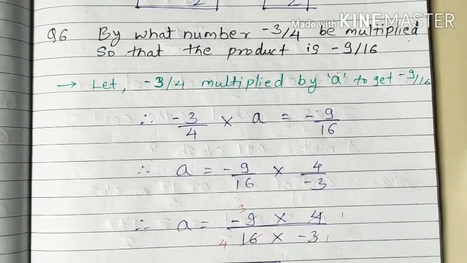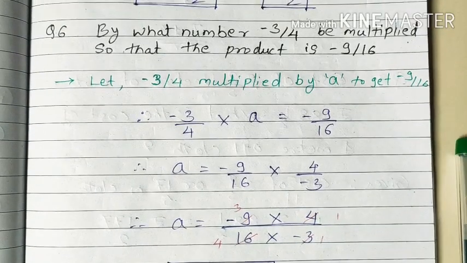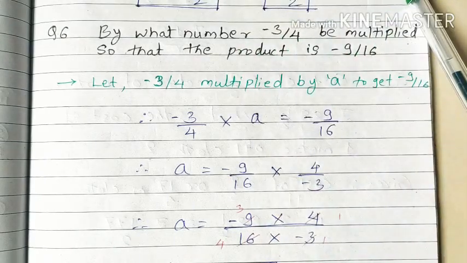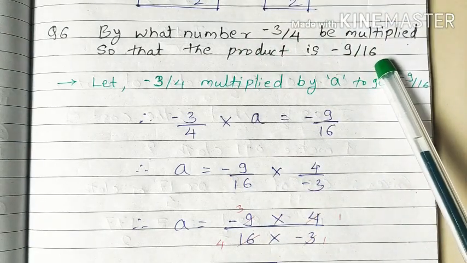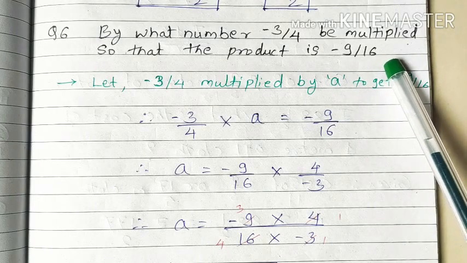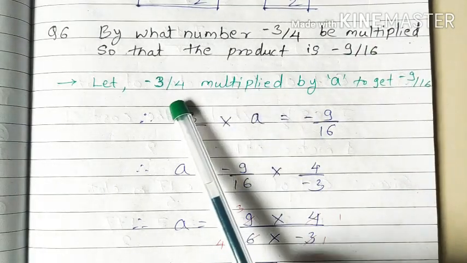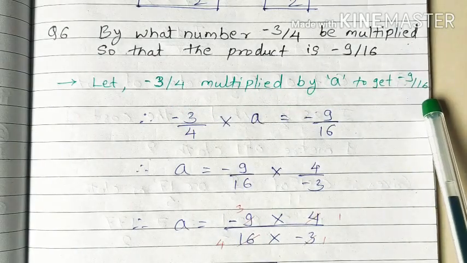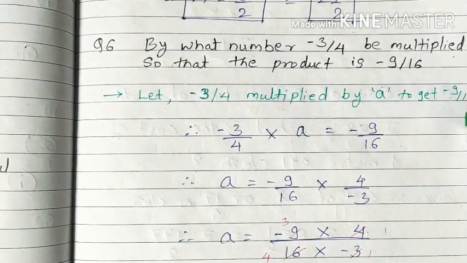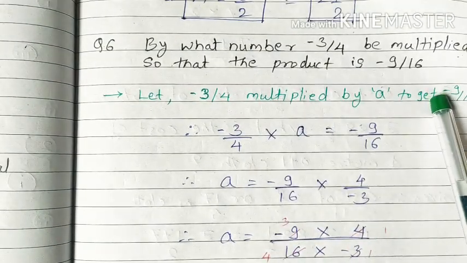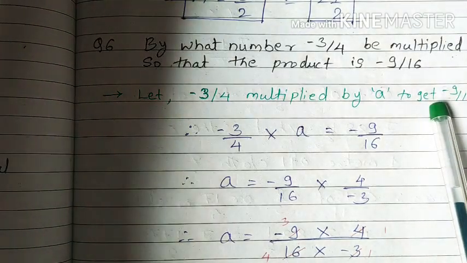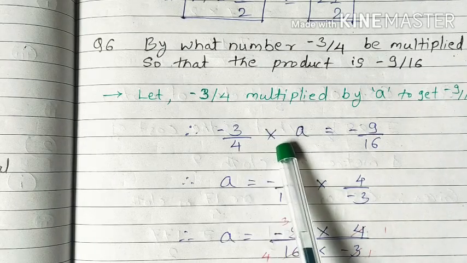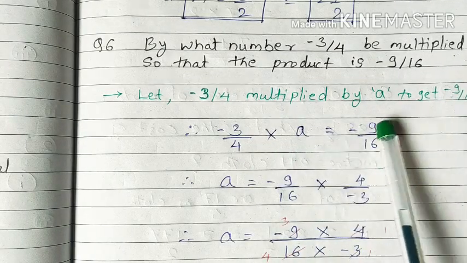Next is question number 6. By what number should minus 3 upon 4 be multiplied so that the product is minus 9 by 16? So let minus 3 upon 4 be multiplied by A to get minus 9 upon 16. Okay. So the same thing we have written in the mathematical form. So what we can do here: minus 3 upon 4 multiplied by A is equal to minus 9 upon 16.